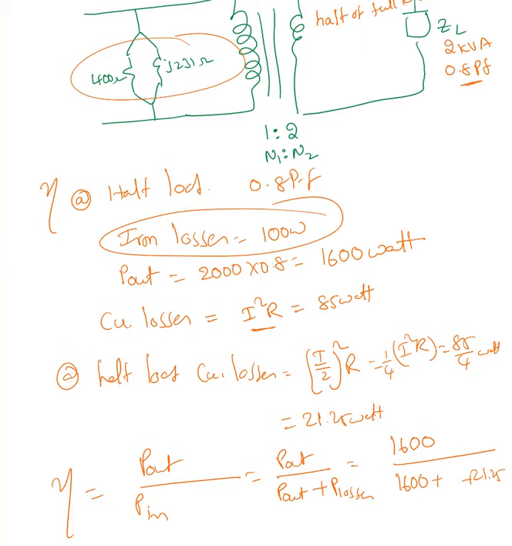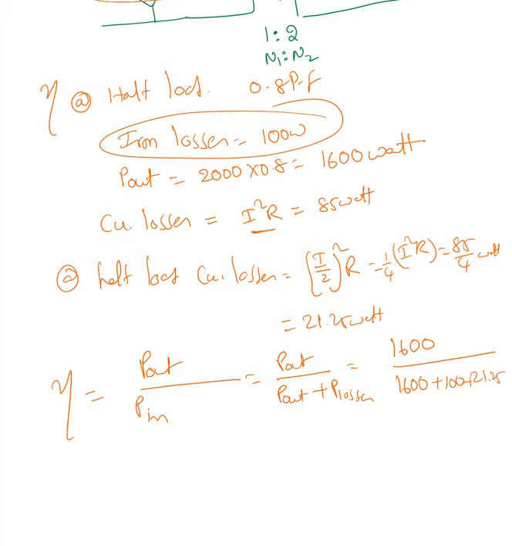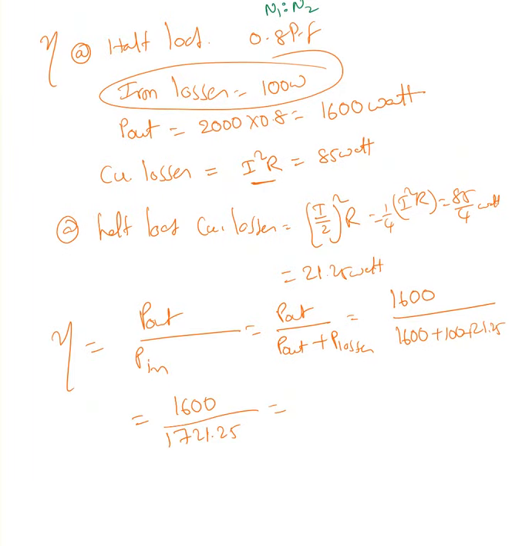Iron losses are 100, right? So efficiency, usually we say in percentage, times 100, equal to 92.95%. That is the efficiency of the transformer at half load.